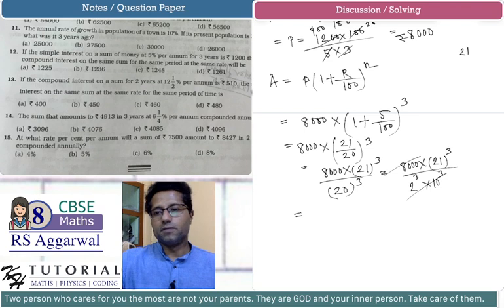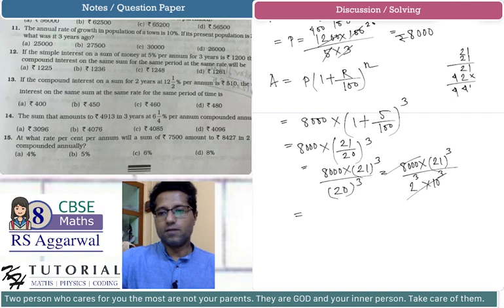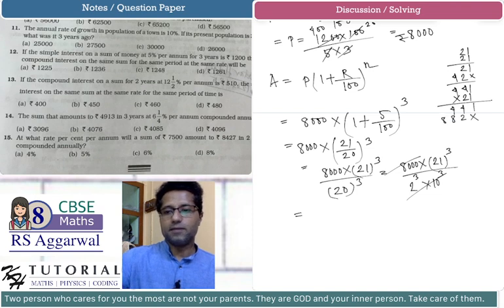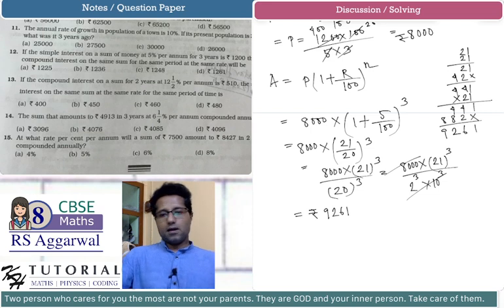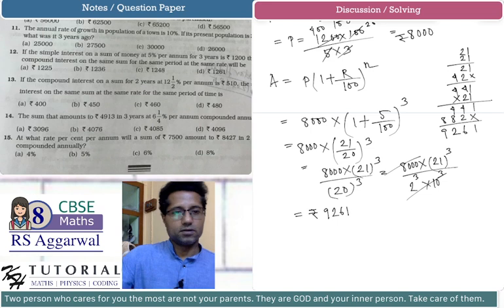What is 21 multiplied by 21? 441. And again multiplied by 21: 441 multiplied by 21 gives 9261. So 9261 is the amount for the compound interest.